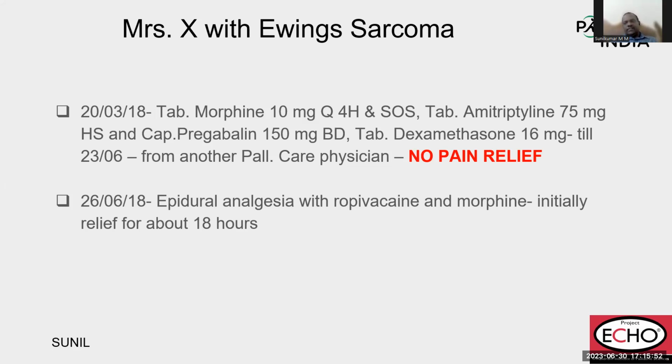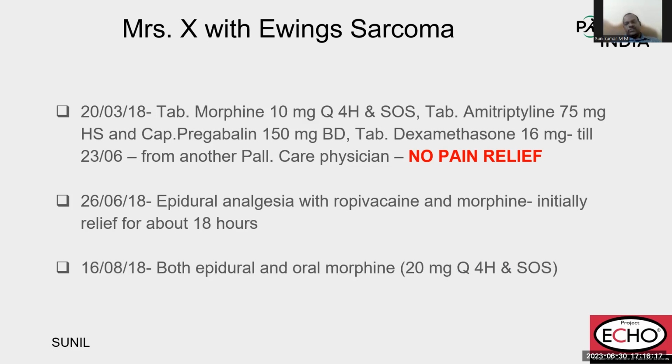But even the mild pain relief was precious for this patient, because she was suffering and, as I told you, unable to move on the bed. So they continued with the epidural anesthesia, reinserted the epidural catheter at different sites, and tried to maintain it for almost 2 months.